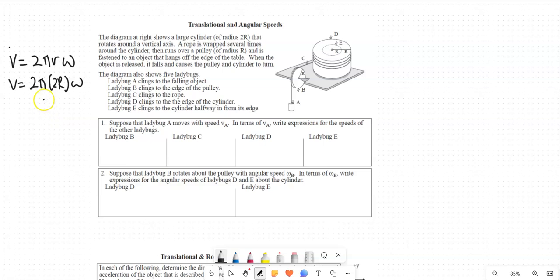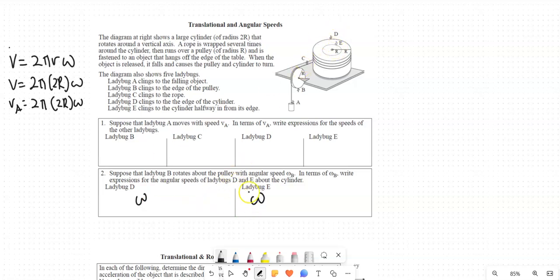Okay, so what we're looking for here is that ladybugs A, B, C, and D are all dropping at the same velocity as this weight. So if that velocity is the velocity of A, it has to be equal to the large wheel's radius times its omega, right? And so this omega is equal to this omega, right?